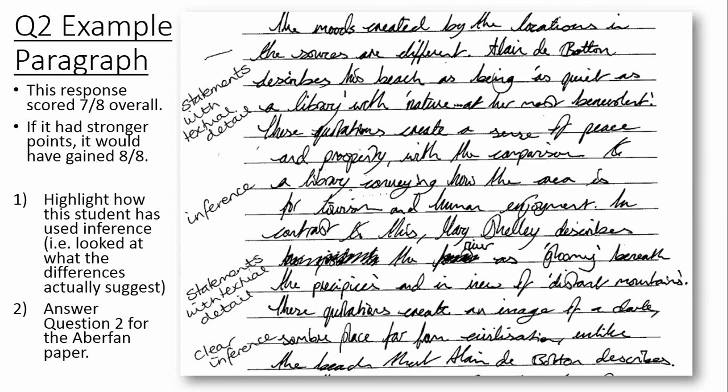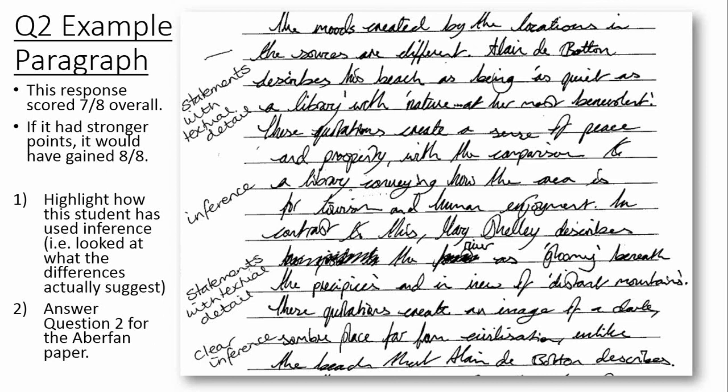Notice again the two short quotations, gloomy from precipices, and in view of, another quote, distant mountains. So once again, clusters of short, sharp, relevant quotations. These quotations create an image of a dark, sombre place far from civilization, unlike the beach that Alain de Botton described. So that's all we're looking at.